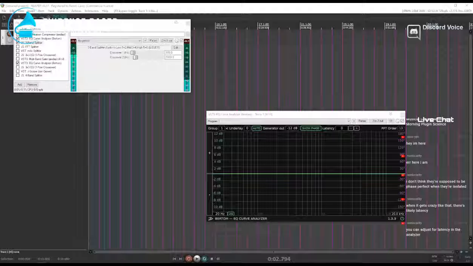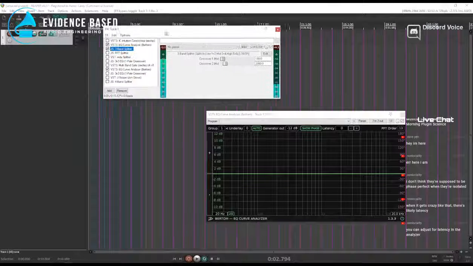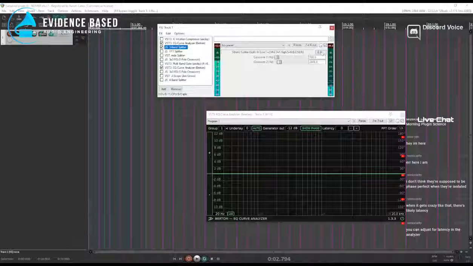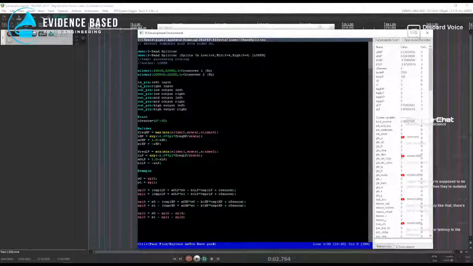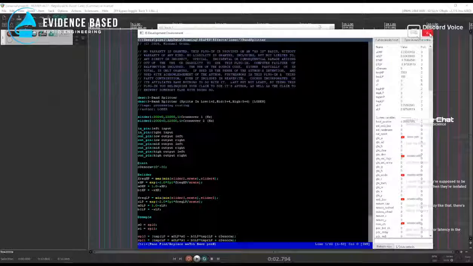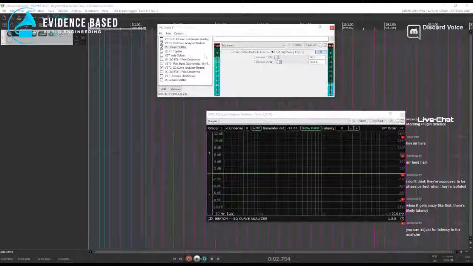Oh, hey, there's Dave. Sorry, I didn't see you. What's going on with this 3-band splitter? Is this right? I mean, you can look at it right here. Not really anything to this. What does this curve look like? Let's take a look.